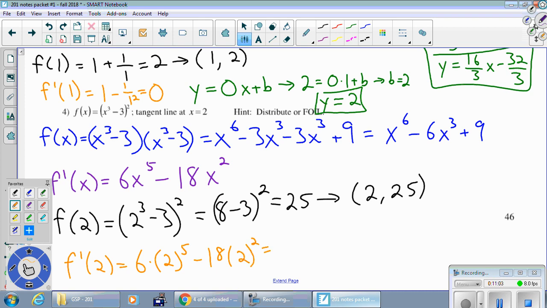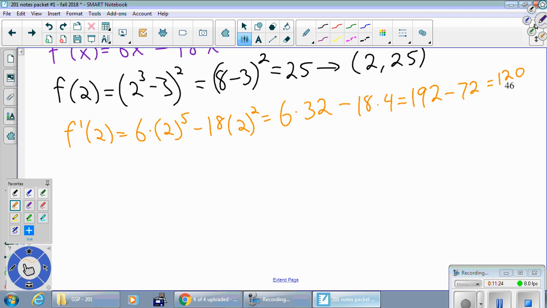Okay, no calculators, so let's just grit our teeth and deal with it. 2 to the 5th, is that 32? Minus 18 times 4. Okay, 6 times 32, that's 192. Minus 18 times 4 is 72, so I get a 120 at the end of the day. So that is the slope of our tangent line.